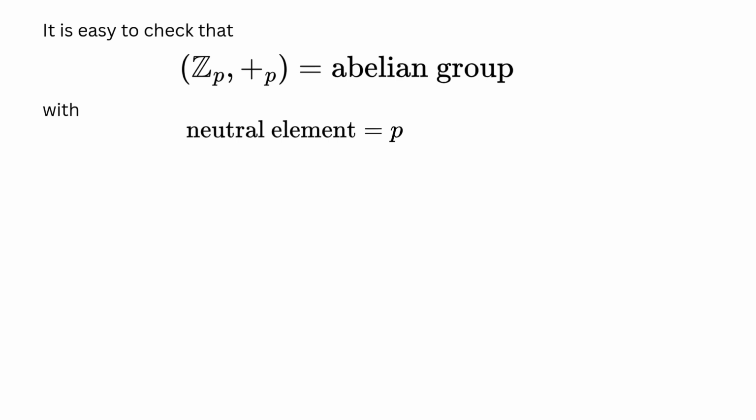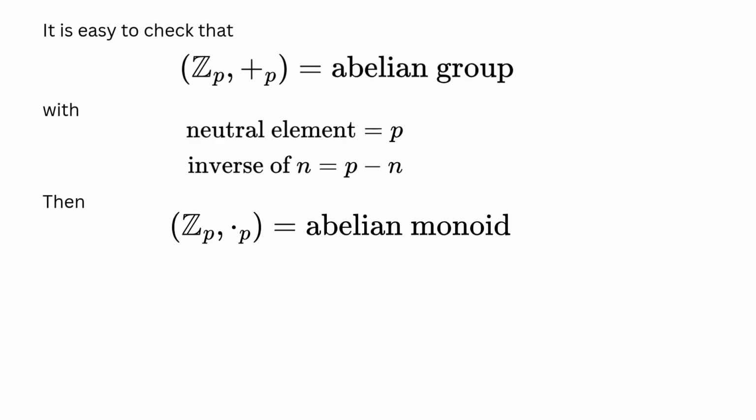It is easy to check that Z_p endowed with plus p is an abelian group. In my notation, p is the neutral element, exactly as 12 is the neutral element for a standard clock. And given an element n, p minus n is the inverse element. Then, Z_p endowed with dot p is an abelian monoid.